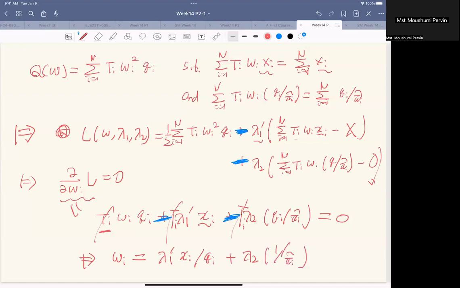So that is the solution. You also need to estimate the lambda. So this regression weight essentially is a linear function of the property that you use in the calibration. That's it.